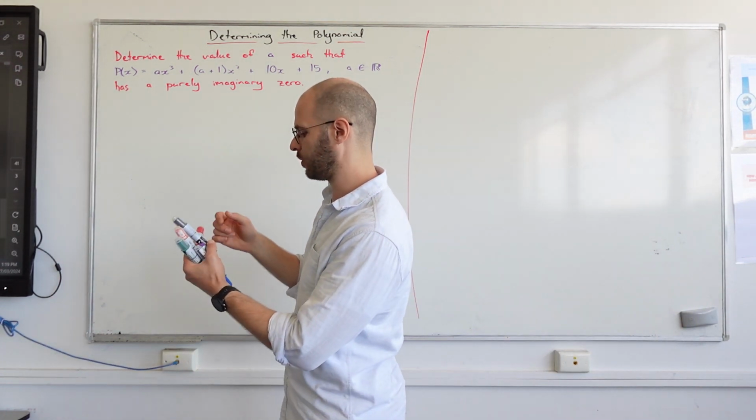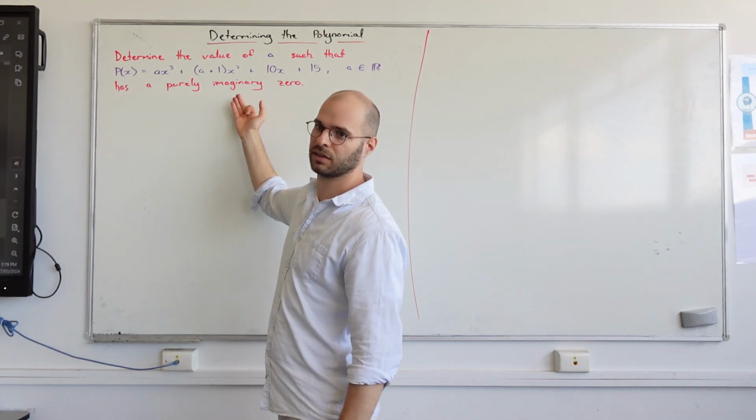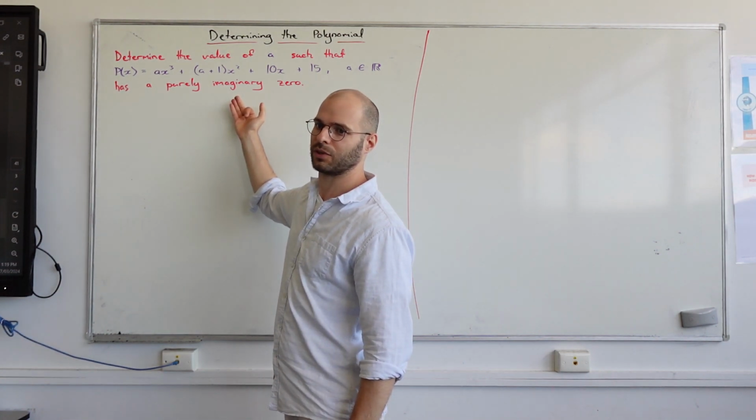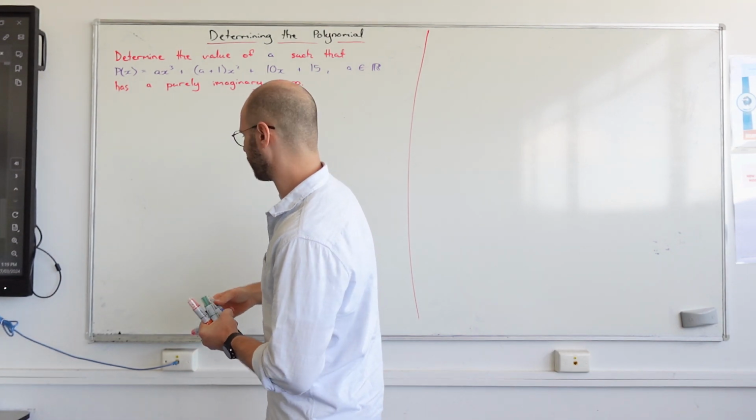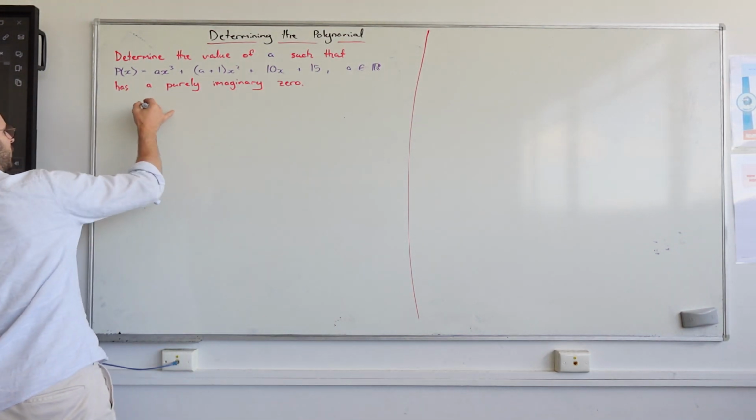So the way in which we do this is we simply declare what the imaginary root is going to be.